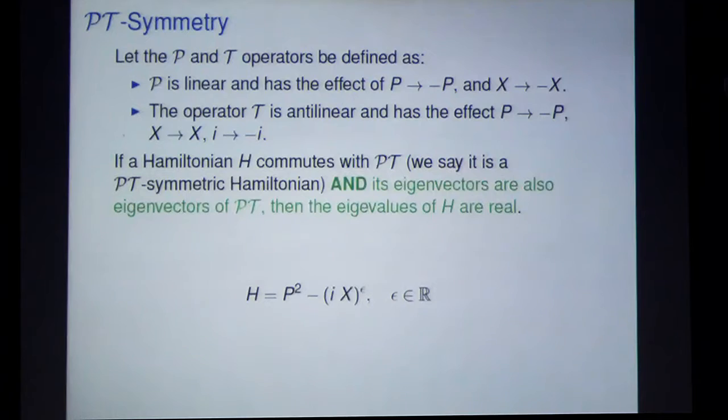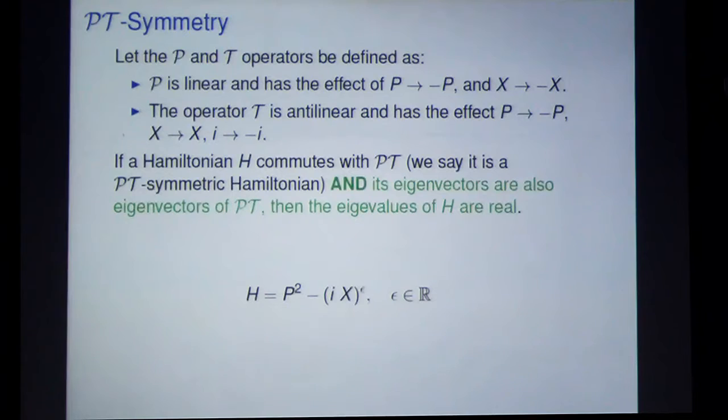Epsilon is real. When epsilon is equal to 2, we recover the harmonic oscillator. For epsilon greater than 2, we don't have any problems. All its eigenvalues are real. Between 1 and 2, we could have problems.